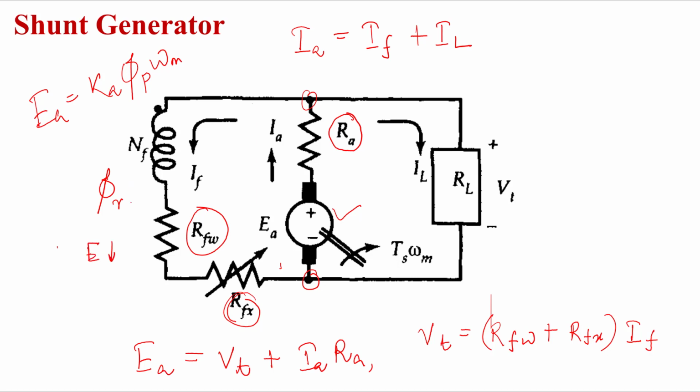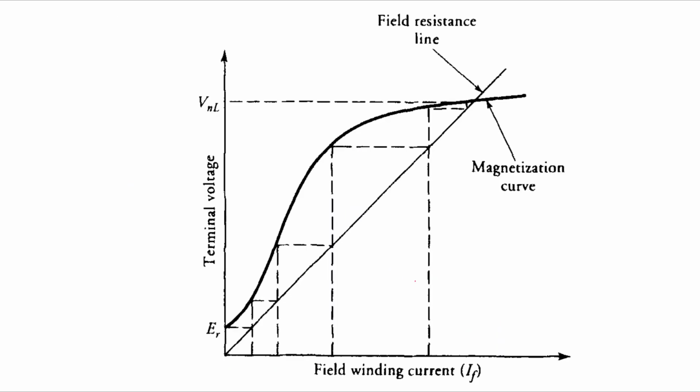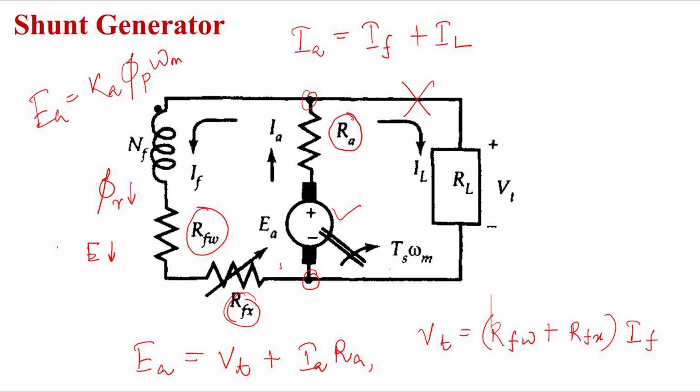Then, as EA develops, some current will flow through the field under no load condition, if the load is not connected till that point. That current again excites more to produce more voltage. Gradually the voltage will step up.